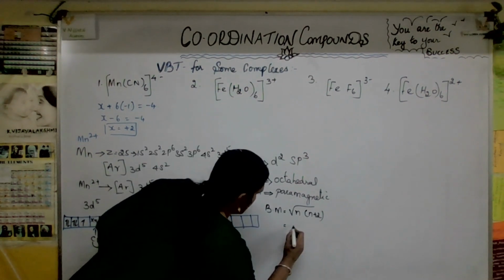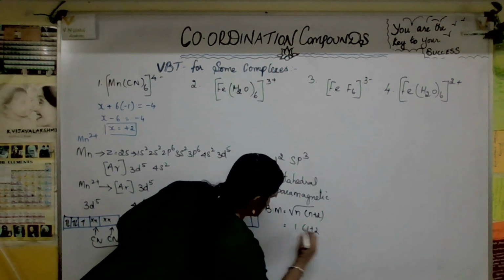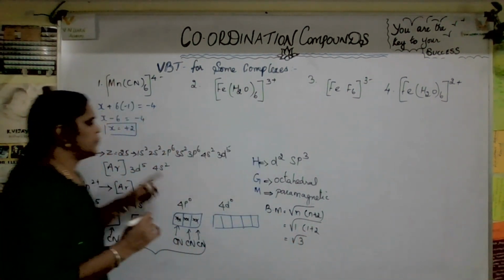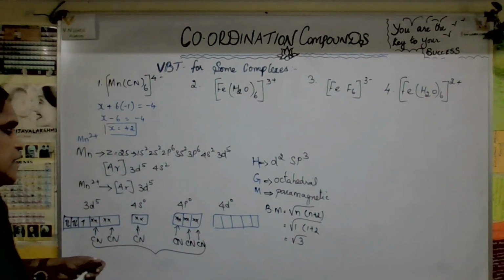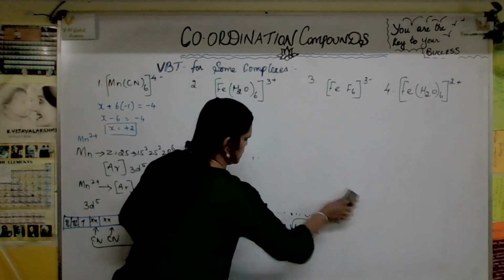Here unpaired electron 1 into 1 plus 2, so naturally root 3. Hope you're clear with it. Okay, now let us go for the next one to identify. This is clear now? Shall I rub this?